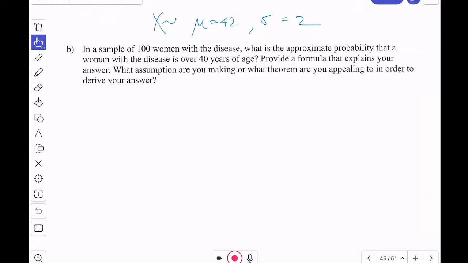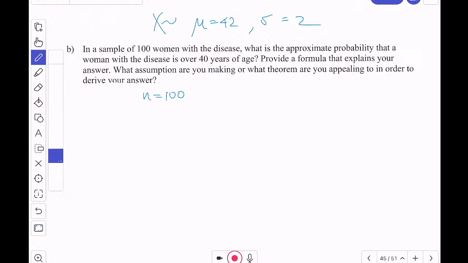Now, in a sample of 100, what is the approximate probability that a woman with a disease is over 40 years of age? Provide a formula that explains your answer. What assumption are you making, or what theorem are you appealing to in order to derive your answer?